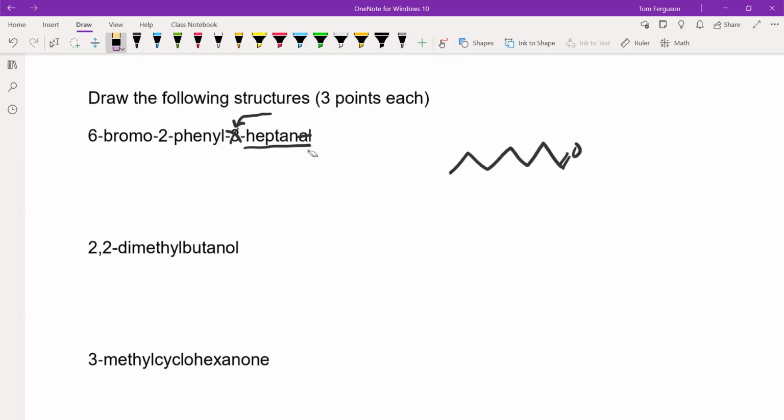Oops. Butenol, 6 bromo, 2, 3, 4, 5, 6. You can also draw the aldehyde on the left side. There we go.